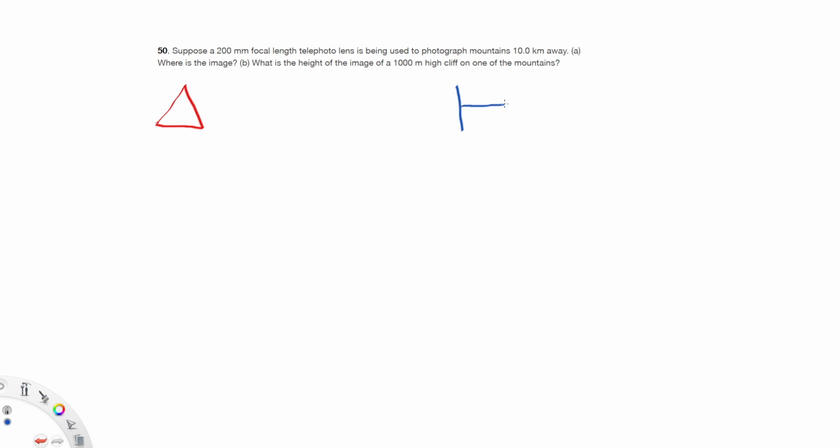So our focal length will be on this side of the lens. 200 millimeters is 0.2 meters. The object, on the other hand, is 10,000 meters away. And the mountain itself is 1,000 meters high.